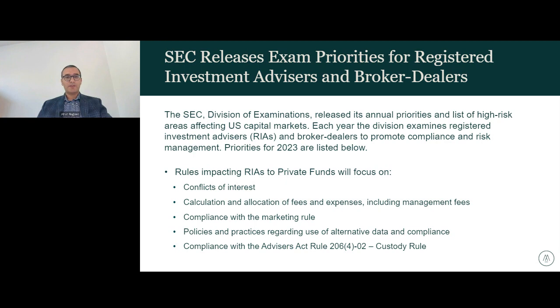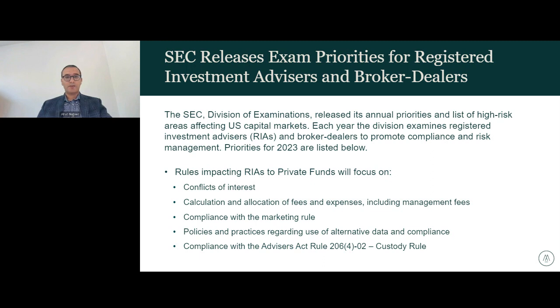With the exception of the focus on the new marketing rule, the other areas of priority are not new, and RIAs should already have policies, procedures, training, and other compliance tools in place to address them.